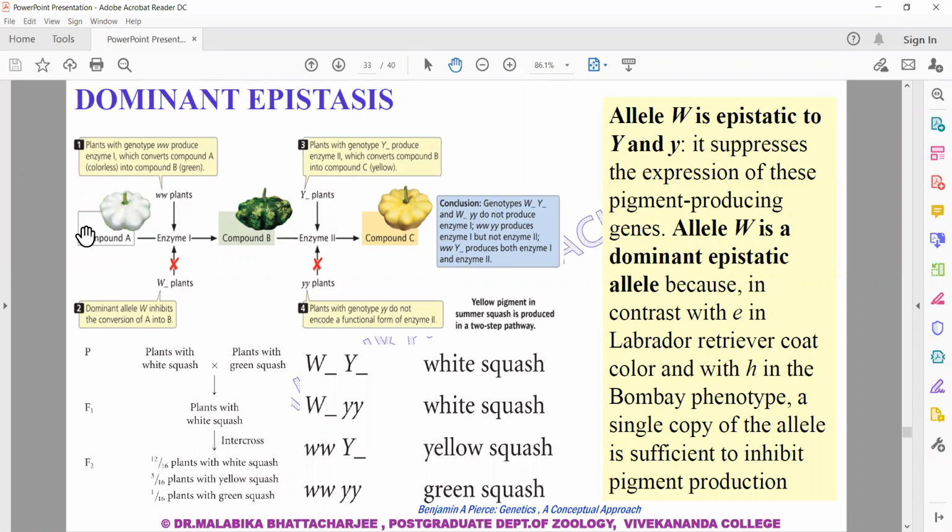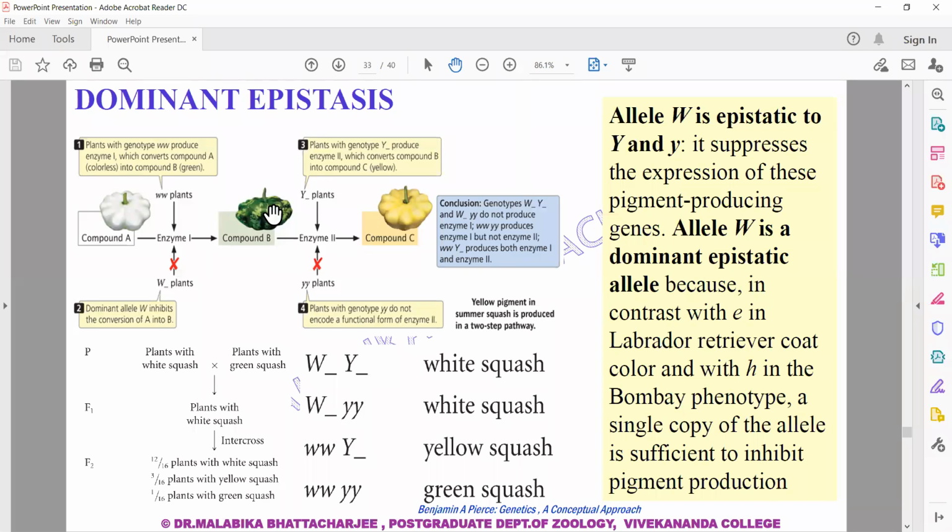The conversion of compound A to compound B is brought about by enzyme 1, and the conversion of compound B to compound C is brought about by enzyme 2. So when the pathways are normally functioning, we get the yellow color. If there are somewhere disturbances in the pathways, we get the intermediate colors.